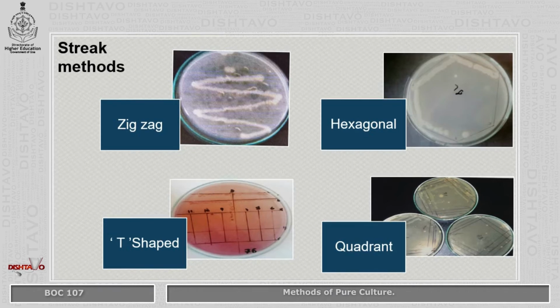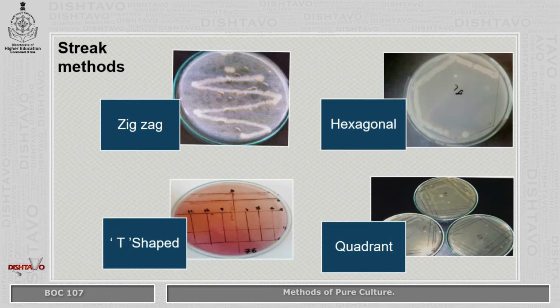In the zigzag streak method, we move the inoculation loop on a media in a zigzag manner. After streaking, we place this plate into the incubator at a required temperature for 24 hours.